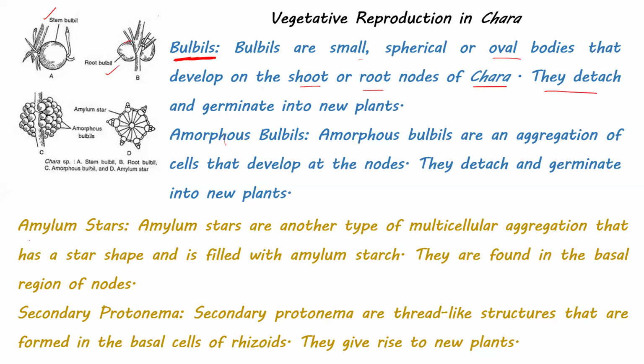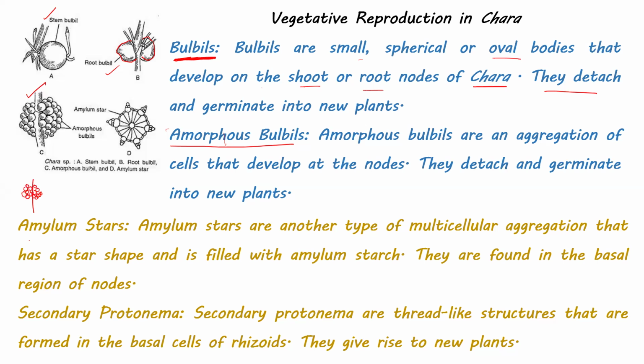When these structures detach from the mother plant, they start germinating into a new plant. Now, coming to amorphous bulbils. This figure is your amorphous bulbil. Amorphous bulbils are aggregations of cells that develop at the node. Suppose this is your nodal region, and from there you will see an aggregation of cells.